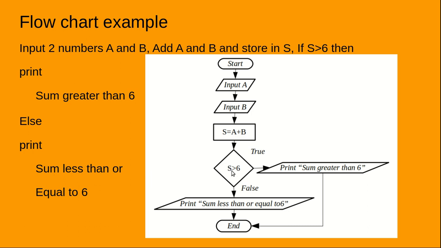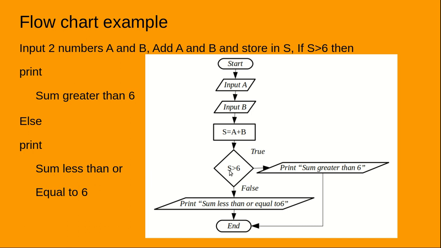If it is greater than 6, that means if this condition is true, then print sum greater than 6. Else, that means if this condition is false, print sum less than or equal to 6.